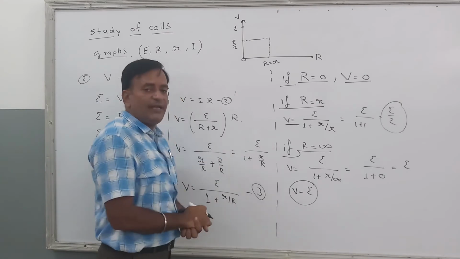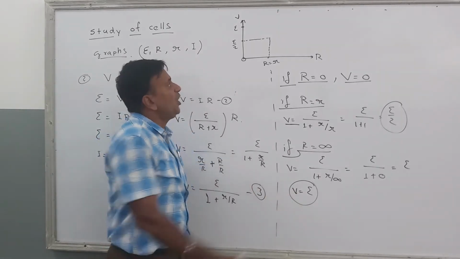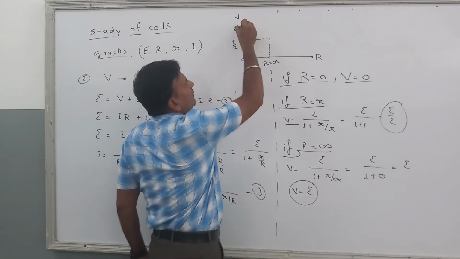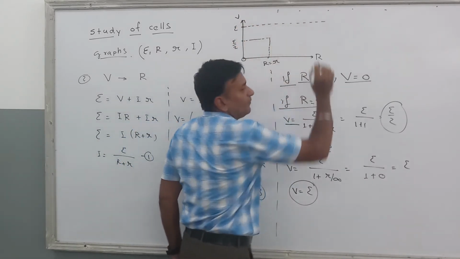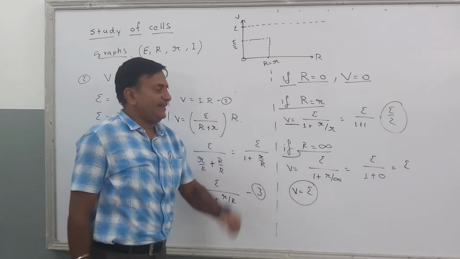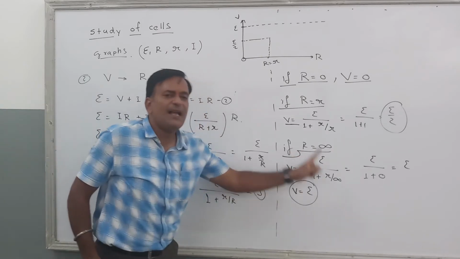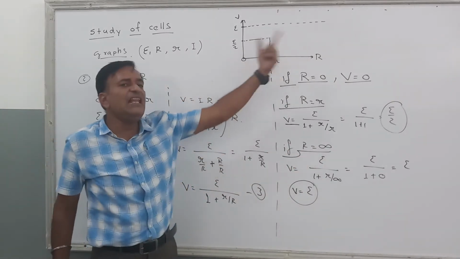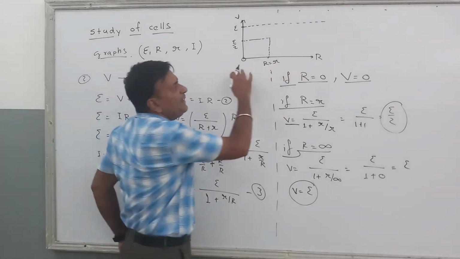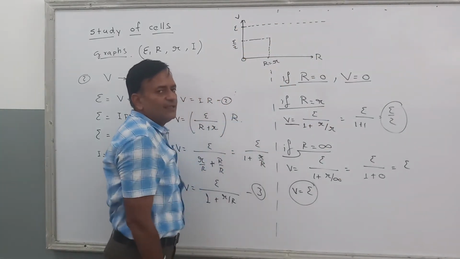Okay, and the last point, where is V equal to epsilon? See, this is epsilon. Is the value of V equal to epsilon? Yes. Where? When external resistance becomes very large. That means on this axis I will have to travel a long distance.